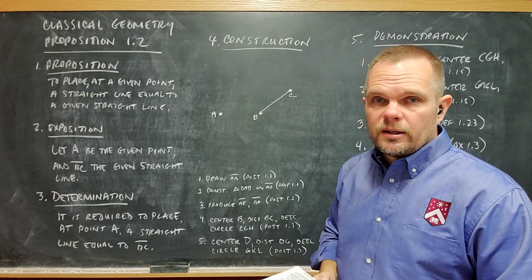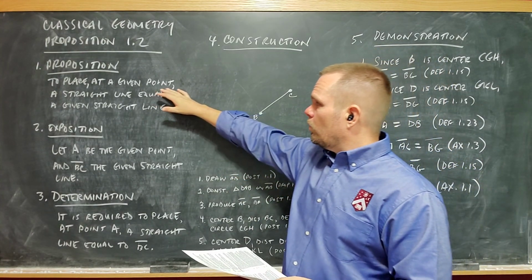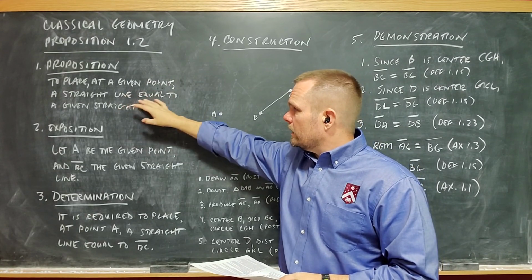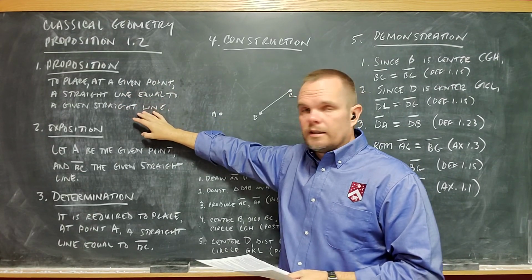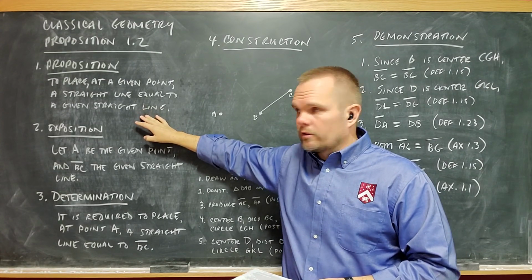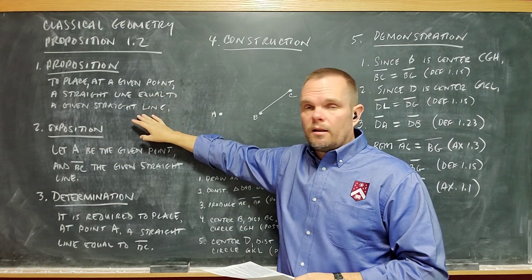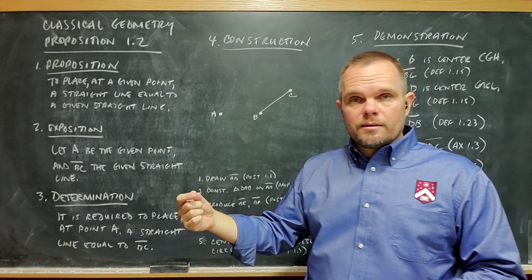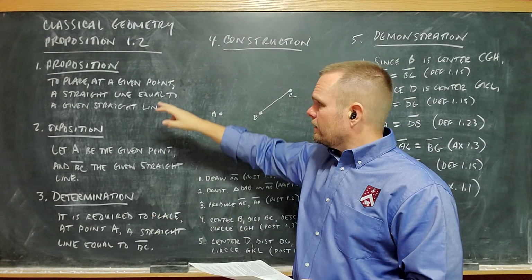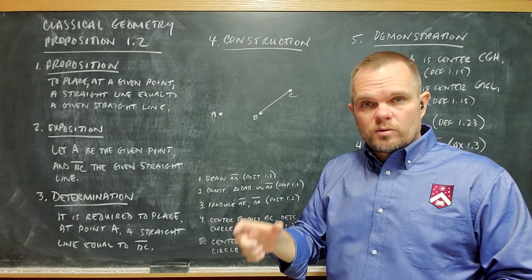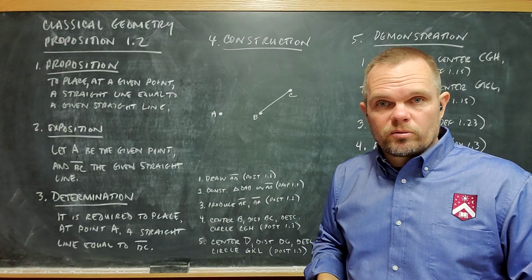So we're given a point and a straight line, and what we need to do is draw a second straight line at that given point, which is equal in length to the given straight line.